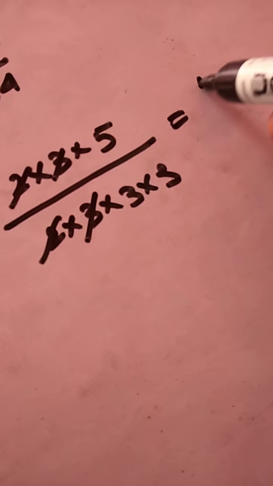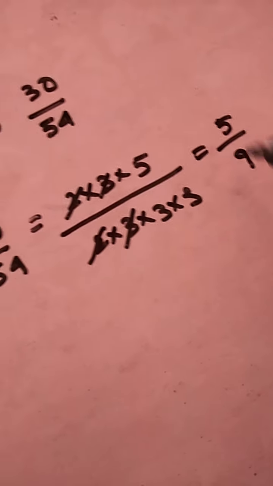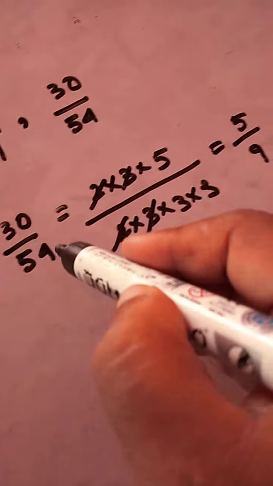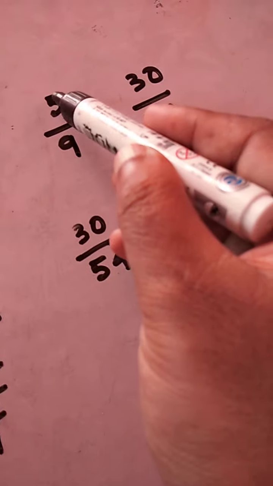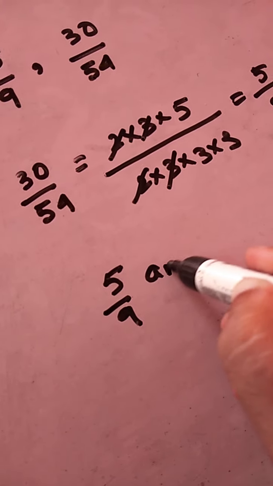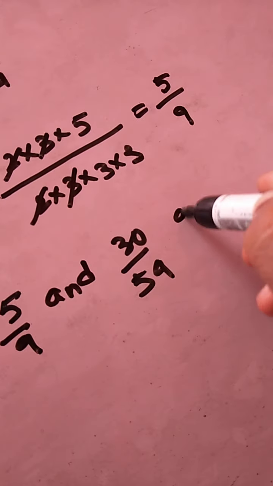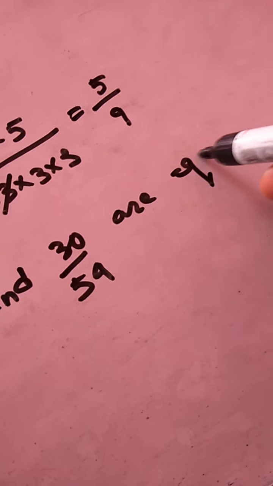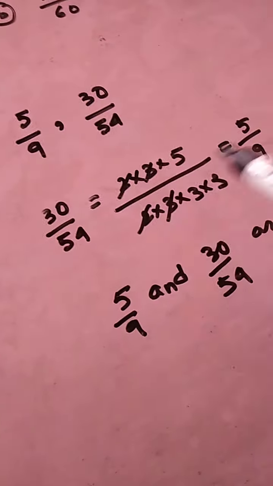In the numerator there is only 5, and in the denominator, if you multiply the two numbers, 3 3s are what? 9. You see, 5/9 is coming. So after reducing we are getting 5/9, which is equal to this 5/9. So we will write that 5/9 and 30/54 are equivalent in nature, as they share the same value.